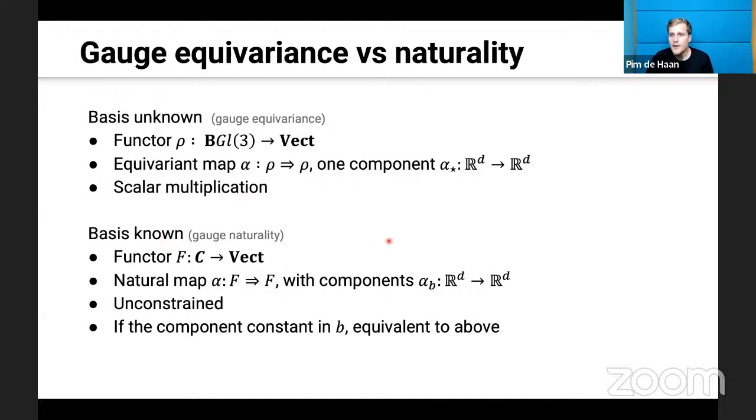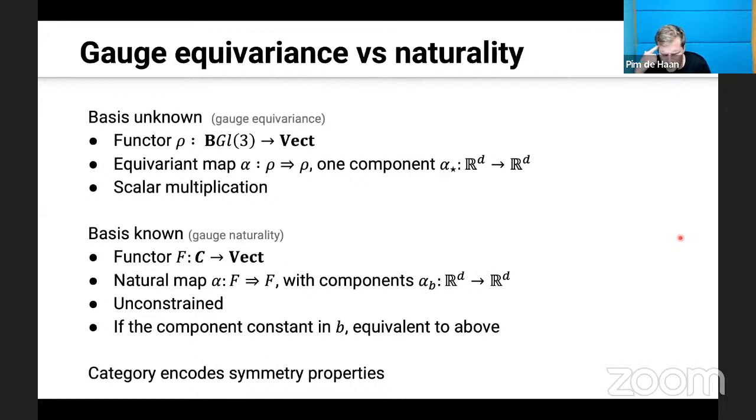But if we do know the basis in which our data is presented, then we can have a natural transformation which can depend on the basis, and this can actually be any matrix which we just express in different bases. If this matrix must be constant in the basis, then we're back to the first case above. So this is just an example of how we can use categories to encode symmetry properties.